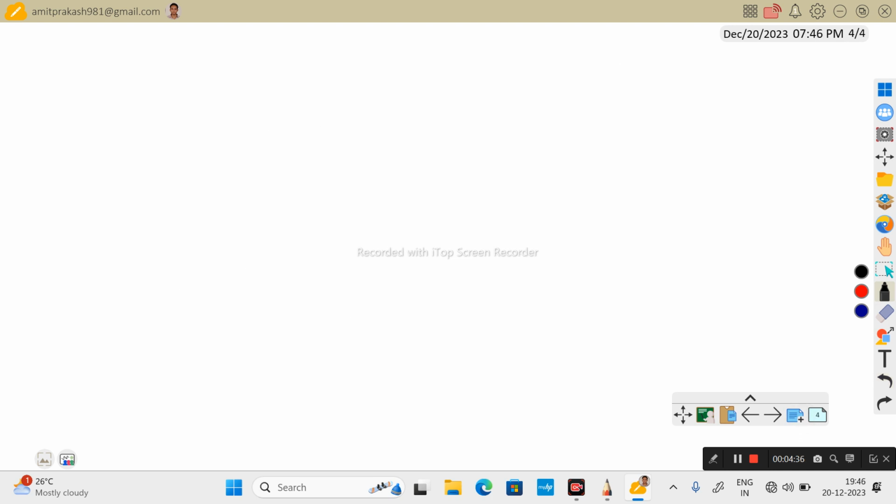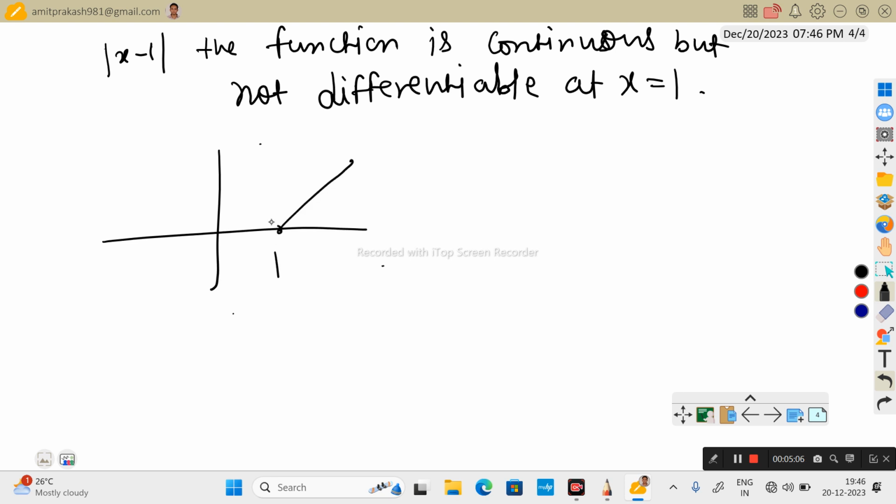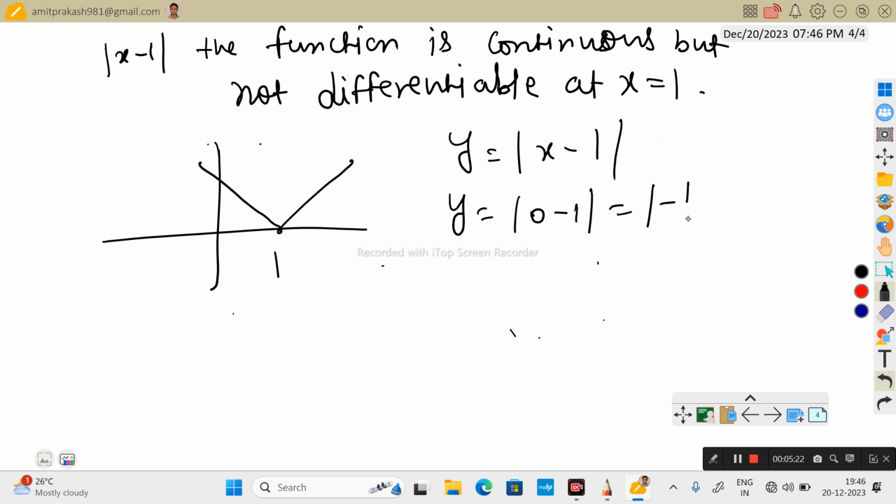Similarly, for mod x minus 1, the function is continuous but not differentiable at x equals 1. The corner point of the graph of this function is at x equals 1, and the graph intersects the x-axis at x equals 1. For the y-axis intersection, put x equals 0, giving y equals mod of minus 1 equals 1.